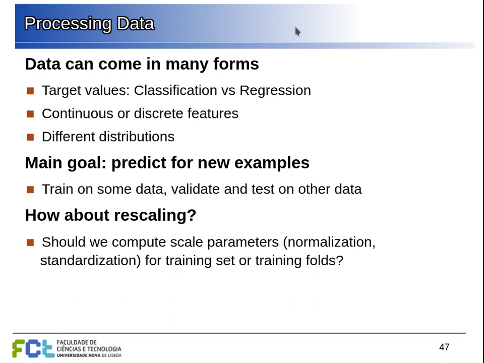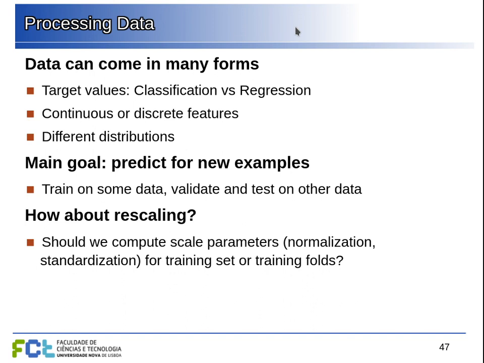One thing that we need to consider when we are doing supervised learning is that we are trying to train on some data in order to predict something about new examples. So one question here is, how should we do rescaling? For example, standardization, where we subtract the mean and divide by the standard deviation. We have been doing this so far for the complete data set, because that is often the most convenient approach.